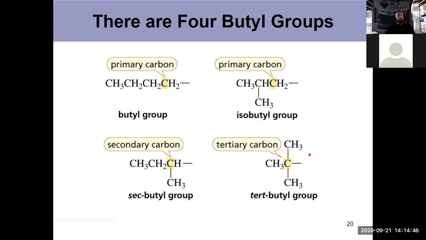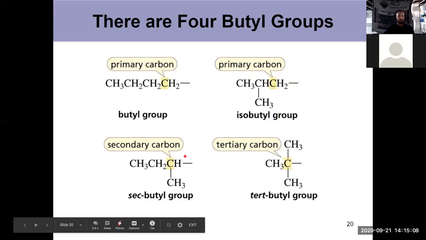And those give me the new names of these substituents. If it's just plain C4H9 here, it's a butyl group. Isobutyl has the iso group right there. Okay? Isobutyl, it's the only way to make a butyl group with an iso unit in it.